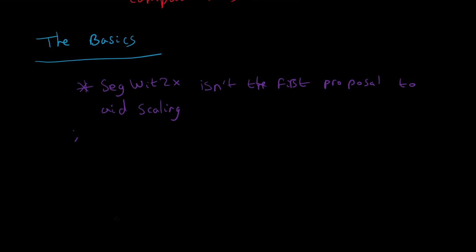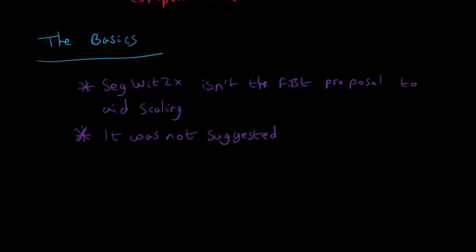But one of the most controversial aspects around this is it was not suggested or endorsed by the Bitcoin Core team, which is the main developer team. They're the ones that have sort of a big say in it, and a lot of people go by what they say. So because it wasn't endorsed or suggested by them, there's a lot of controversy around it.